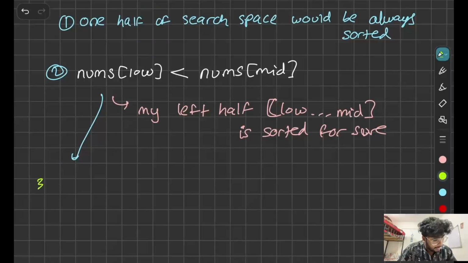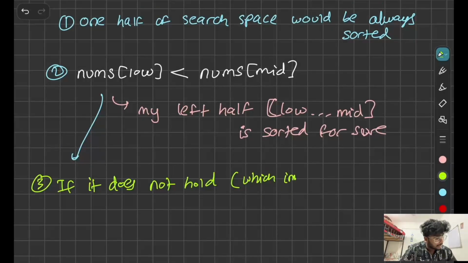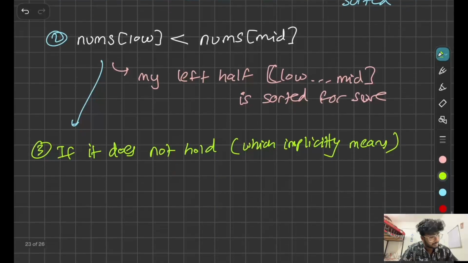Let's write it down so we have clarity. If it does not hold, which implicitly means my right half would be sorted.